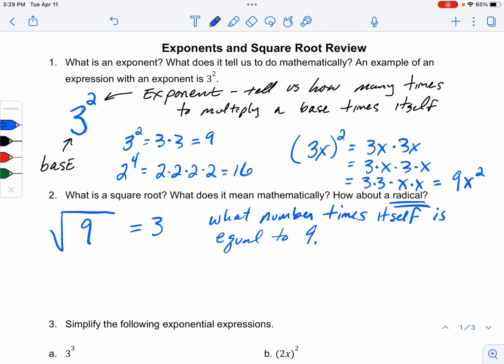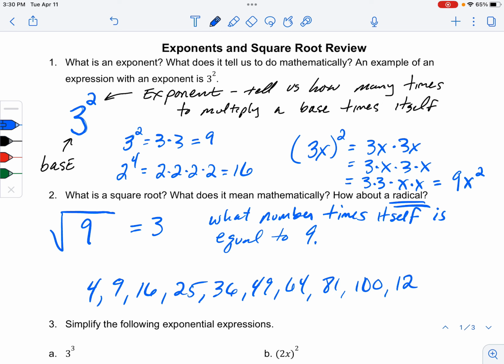So the numbers like 4, because that's 2 times 2, 9, 16 is 4 times 4, 25, 36, 49, 8 times 8 is 64, 81, 100 is 10 times 10, 11 times 11 is 121, and 12 times 12 is 144.